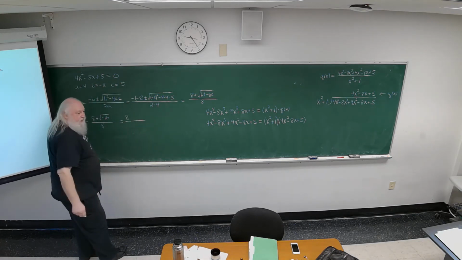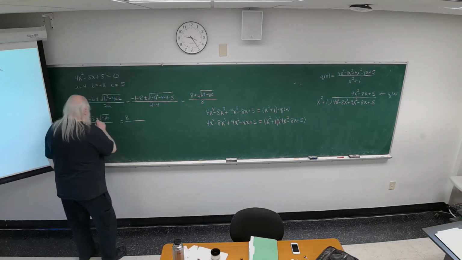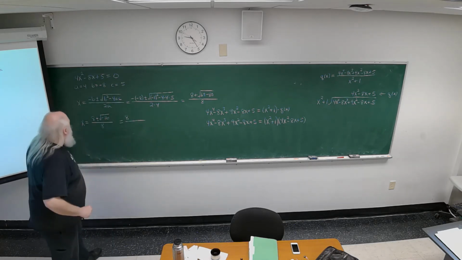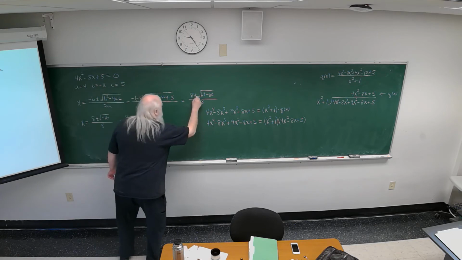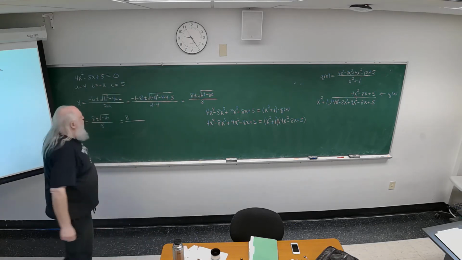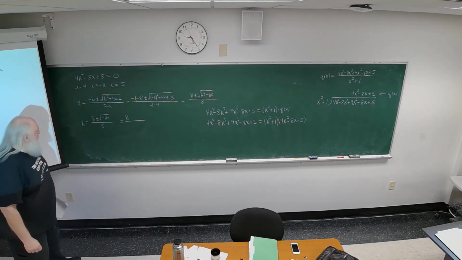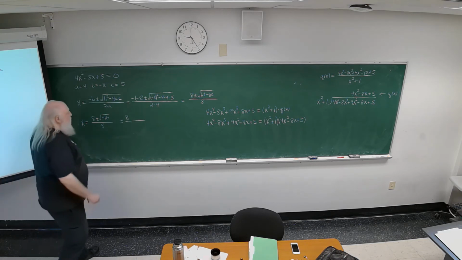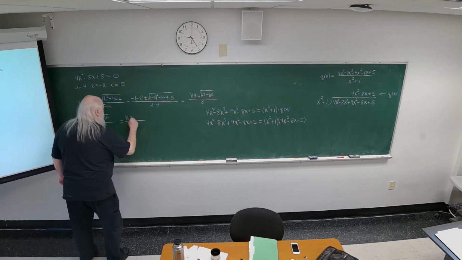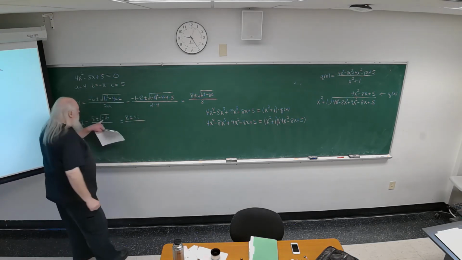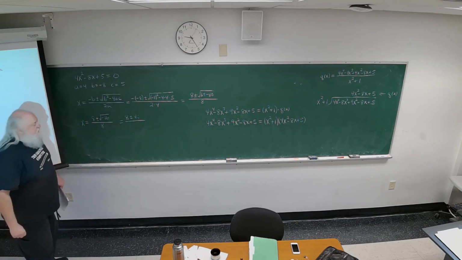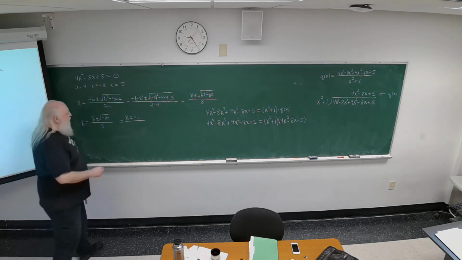And the square root of negative 16, oops, this is plus or minus, isn't it? Where did I drop the plus, the minus? So this is supposed to be plus and minus. The square root of minus 16 reduces to 4i. Square root of minus 1 is i, square root of 16 is 4, divided by 8.